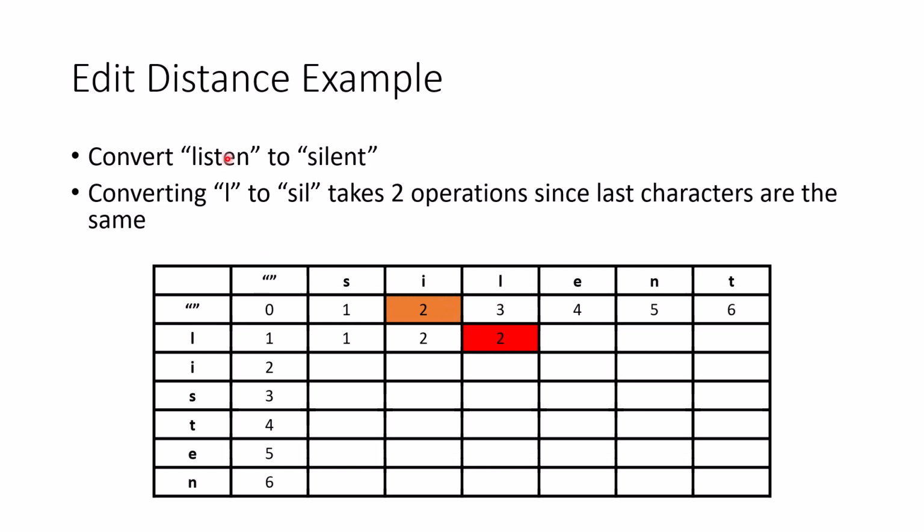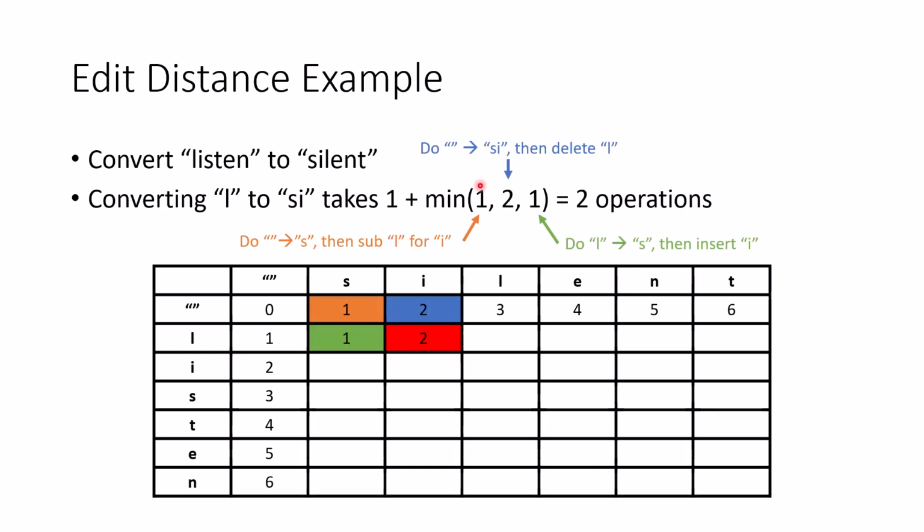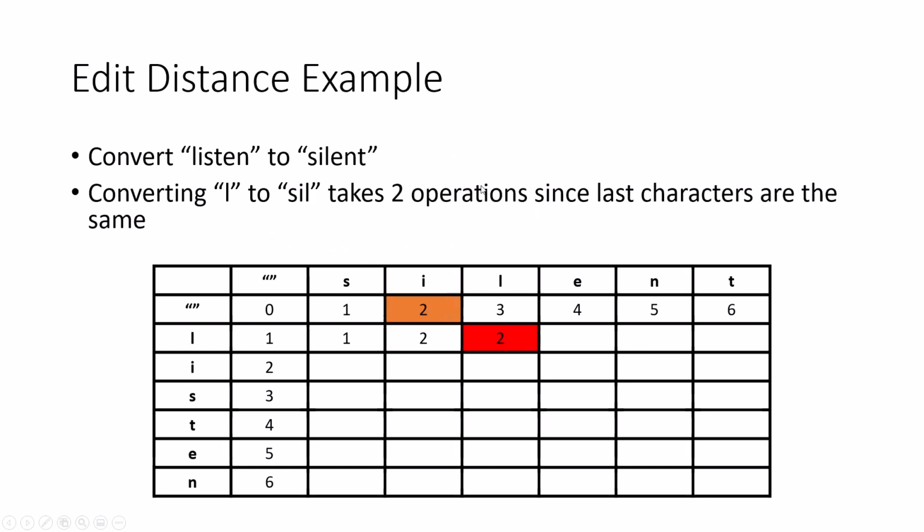So now we try to go from L to SIL. In this case, we don't need to consider all of those min operations like the last example. Since the last character L is equal to the last character of the first string L, we don't even need to consider the min.